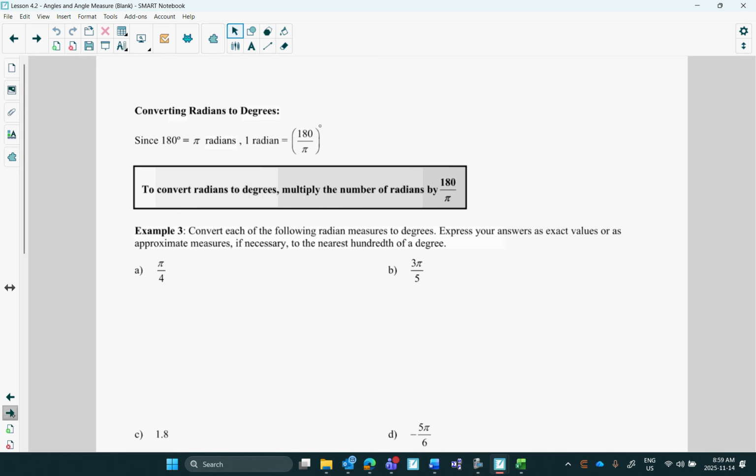Okay, so how do we go the other way? Radians to degrees. Well, remember, from radians to degrees, we just saw that we multiply by pi over 180.